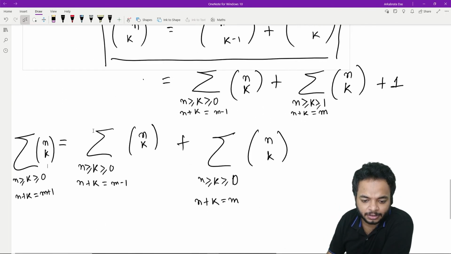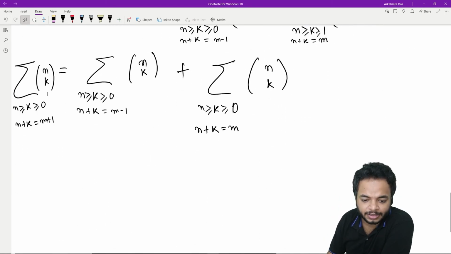And so as you can see here, this summation is also satisfying the Fibonacci relation.